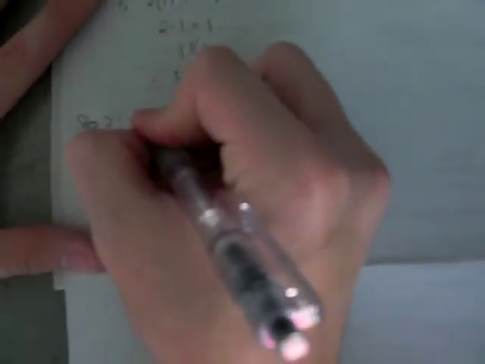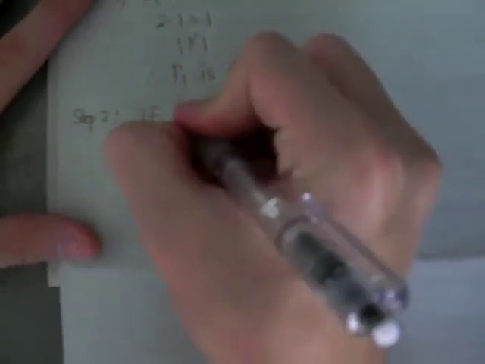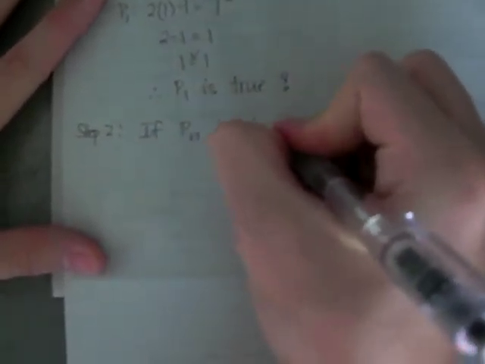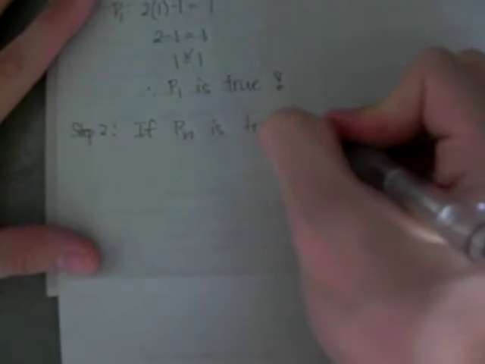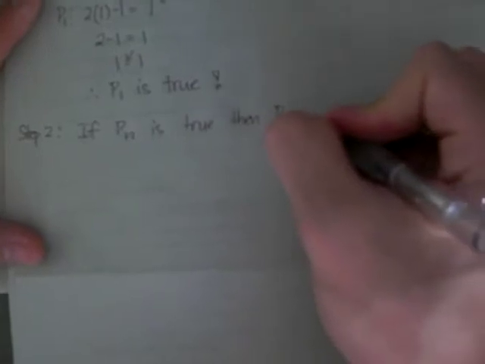Our second step is we show that it works for all Pk. So we can say that if Pn is true, then Pk is also true.